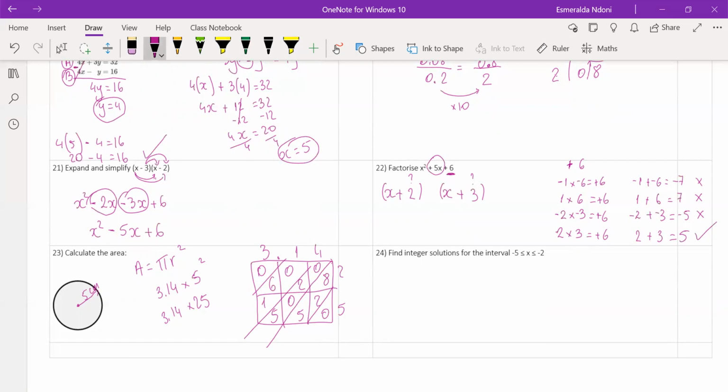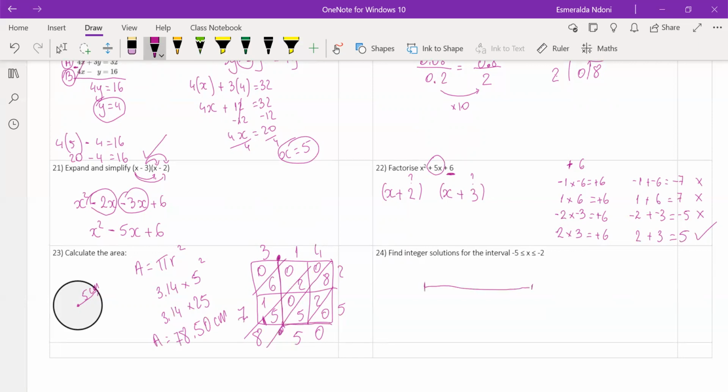So I have 0, 8 add 2, 10, add 5, 15, carry the 1. 2 add 5, 7, add the 1 is 8, and the 6 add 1 is a 7. Don't forget the decimal point, drag it down, and it goes there. So area is 78.50 centimeters squared.